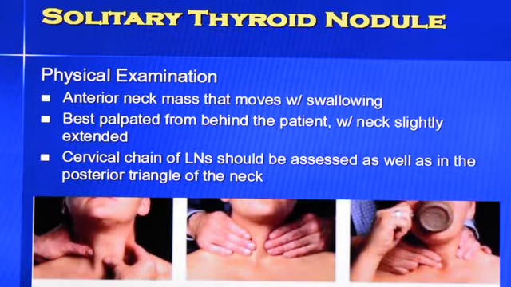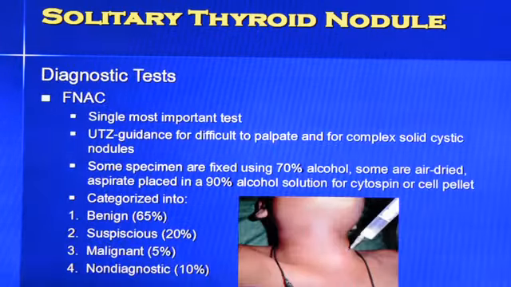Cervical lymph nodes should also be assessed, especially the different areas at the posterior triangle of the neck. Fine needle aspiration is the single most important test for solitary nodules. Take note, it's for solitary nodules. If difficult to evaluate, you can use ultrasound guidance. Some specimens are fixed with alcohol, others are air-dried.